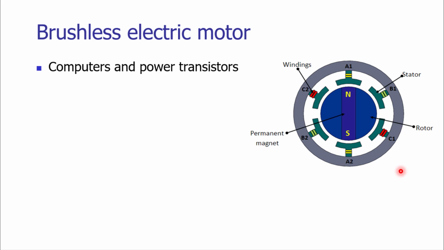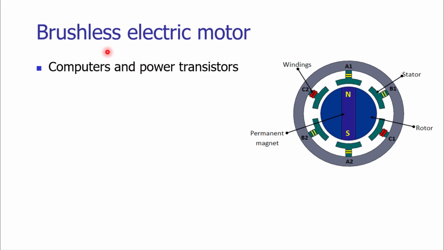In a brushed DC motor, we have an armature coil and we are applying DC power supply to the armature coil. As we need to pass the electricity to the coil, we need some contact points, and these contact points are creating the problem.